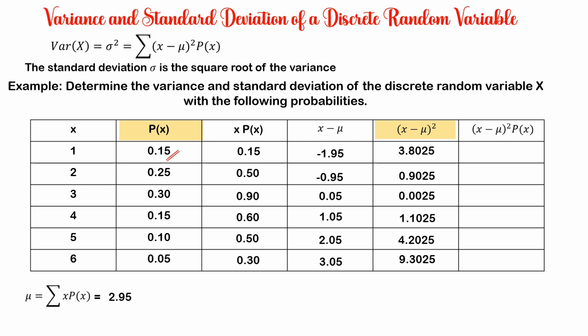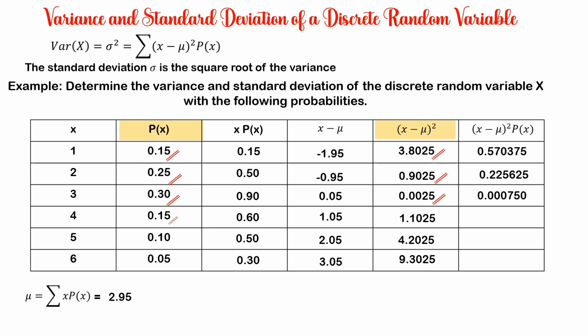So first, we have 0.15 times 3.8025 is equal to 0.570375. Next, 0.25 times 0.9025 is equal to 0.225625.